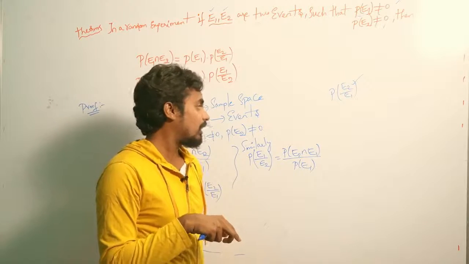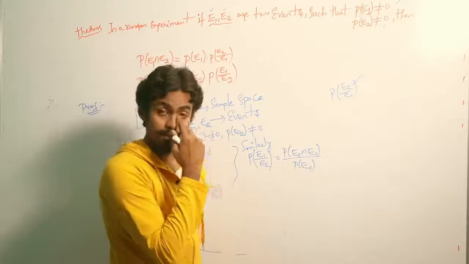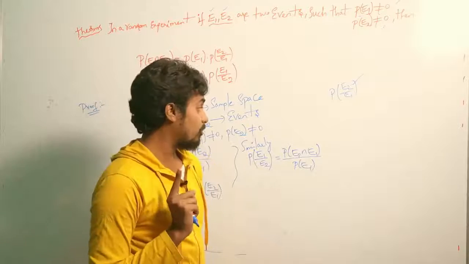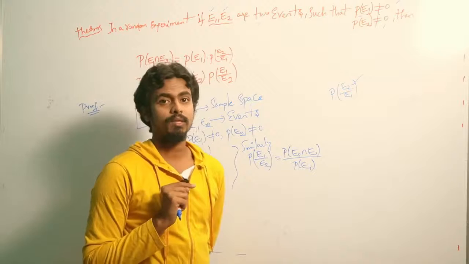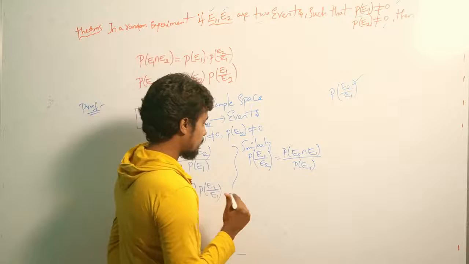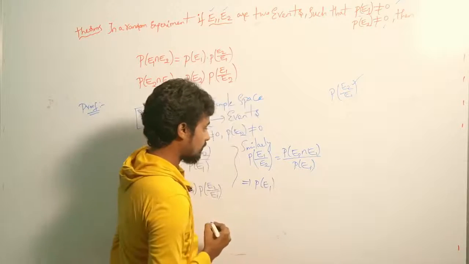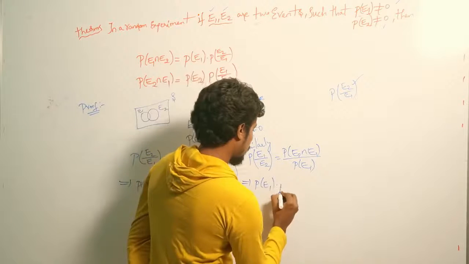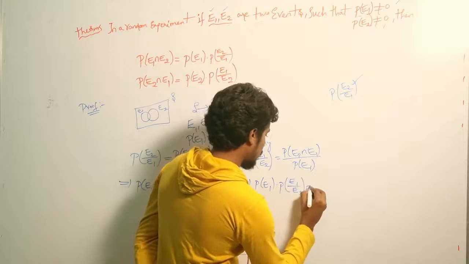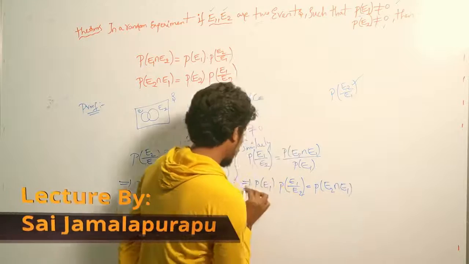That's why we swap those values and get the appropriate results. This is only applicable for independent events. Please remember that and keep it in mind. This will be P of E1 into P of E1 divided by E2, equal to P of E2 intersection E1.